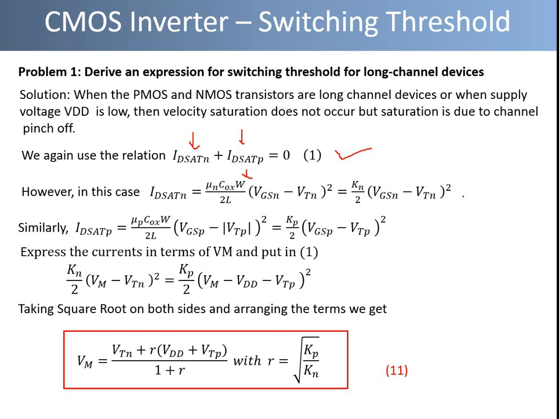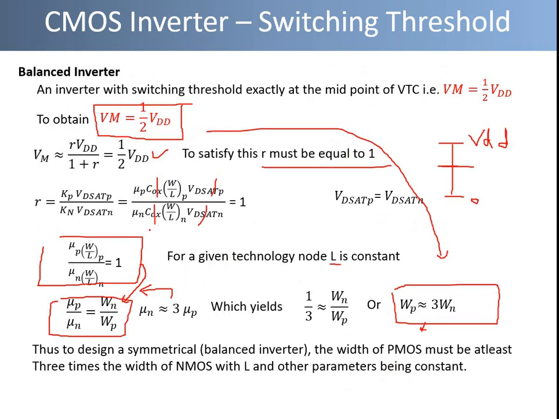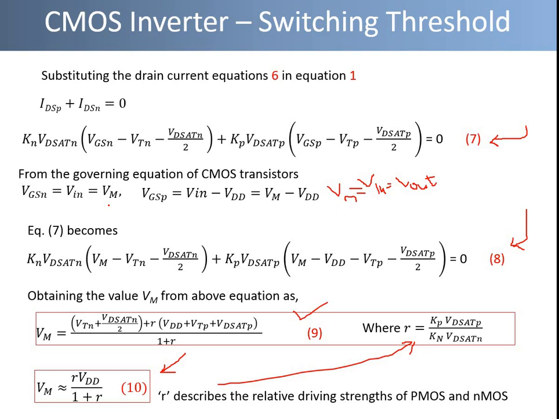Now putting the values of drain current for PMOS and NMOS transistors in equation number 1, and we know that VGSN and VGSP are expressed in terms of Vm like in the previous slides. VGSN is equal to Vm and VGSP is equal to Vin minus VDD, which is equal to Vm minus VDD.